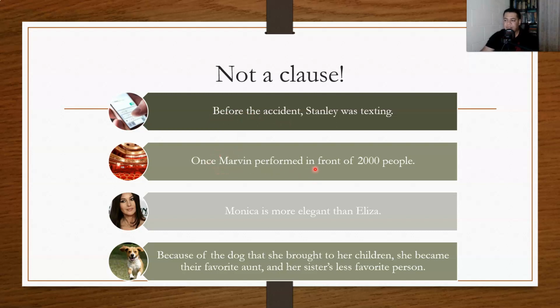Once Marvin performed in front of 2,000 people. Again, this is not an adverb clause because we don't have the verb for once. And if you tell me, hey, you know what, teacher? Yes, we have a verb for once. You see, we have the subject and we have the verb.